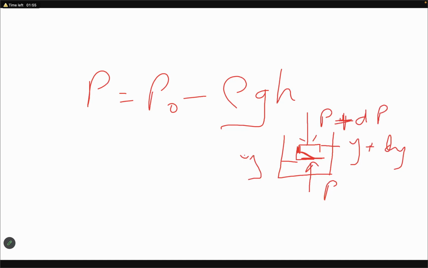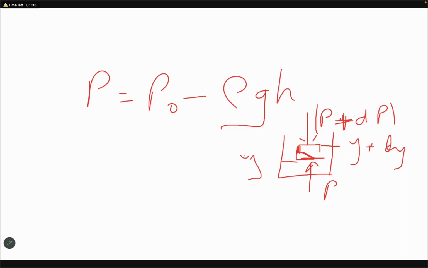We didn't adhere to calculus. That's the reason we got a result which is not acceptable. y will relate to P and y plus dy will relate to P plus dP. It cannot be the other way around.